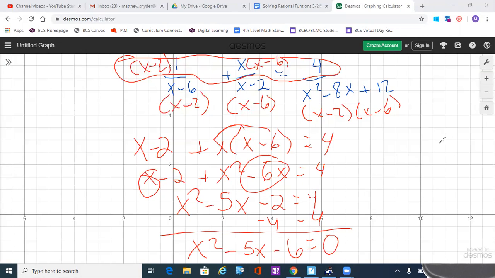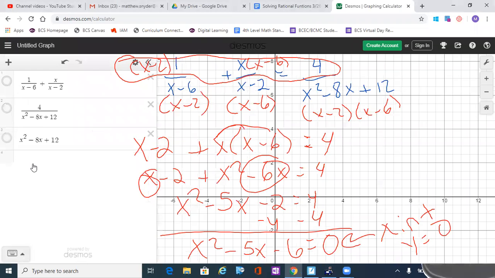Now, the easiest way to solve this quadratic right here is just to plug it into Desmos and look for the x-intercepts. Remember, x-intercepts is when y equals 0. So that's what I'm going to do. I'm going to come over here and type in x squared minus 5x minus 6. Let's take this one out since we've already used that.